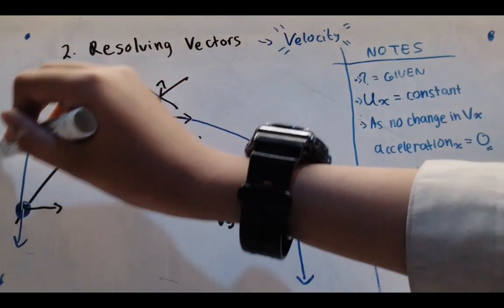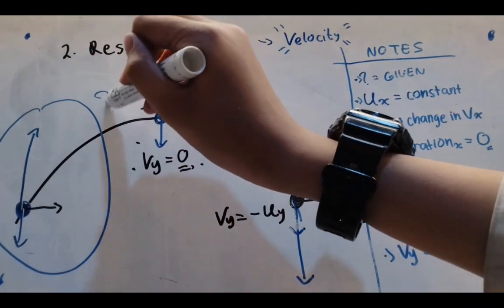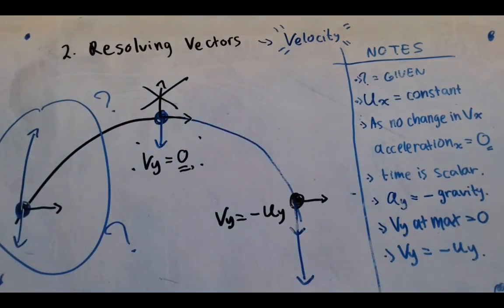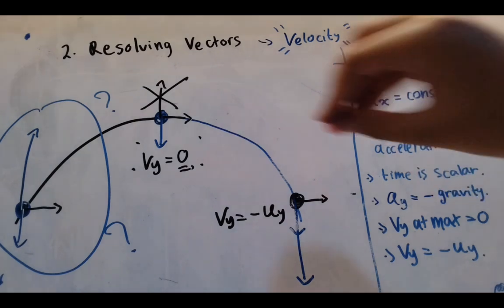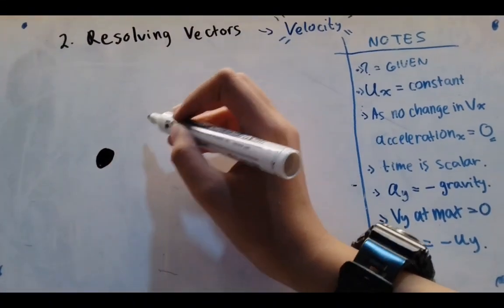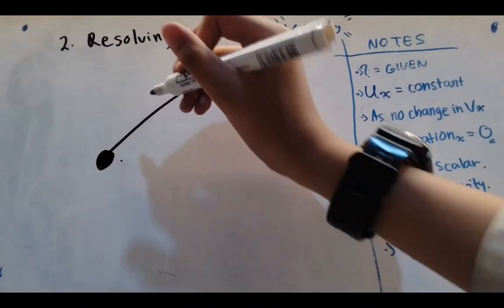Now, what about the initial velocity? Well, brothers and sisters, that is when we use the resolving factor. Yeah, let's go. In resolving factors, there are 4 components that you should be familiar with.